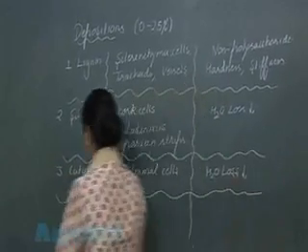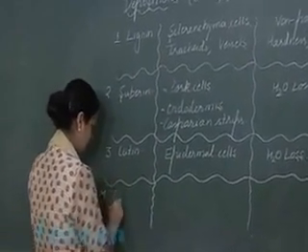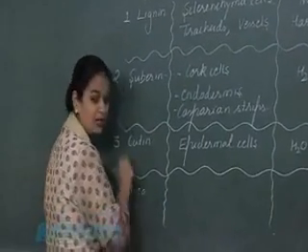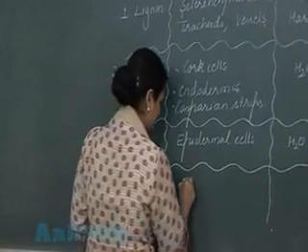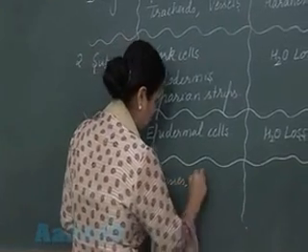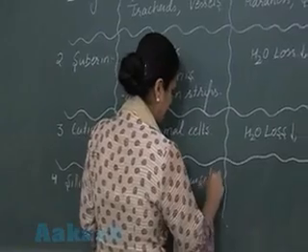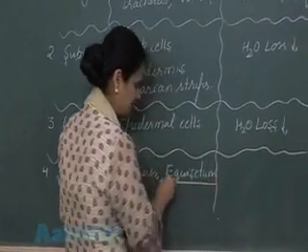Next one, that is silica. Silica is associated with grasses. Along with that, one of the pteridophytes, the name I am writing here, that is Equisetum.